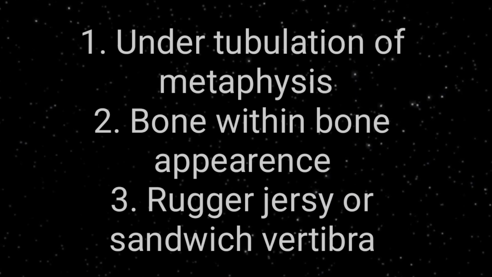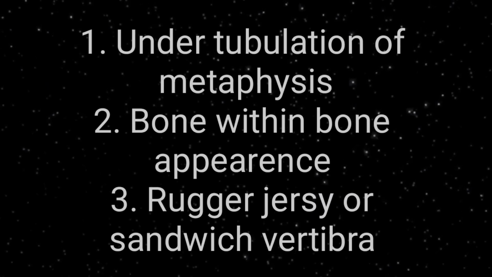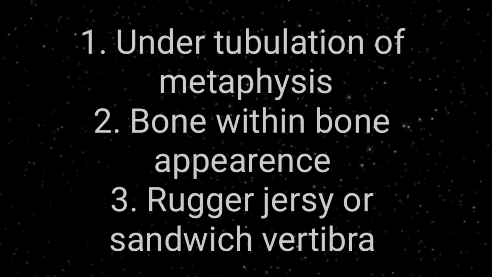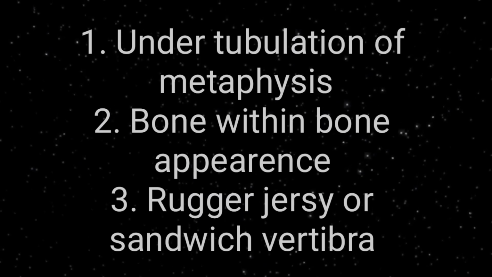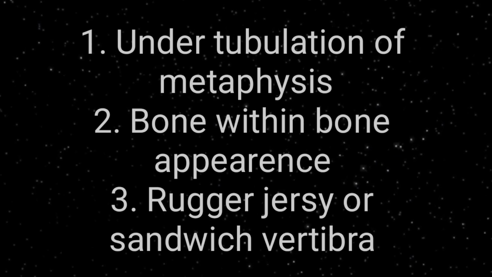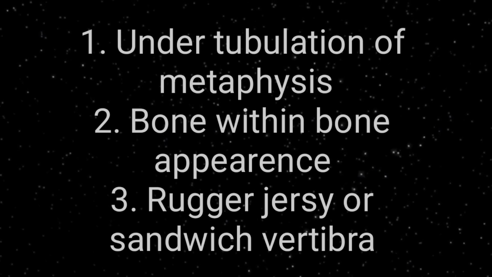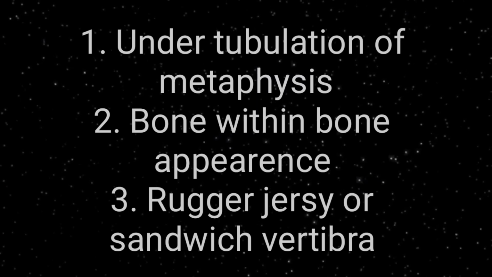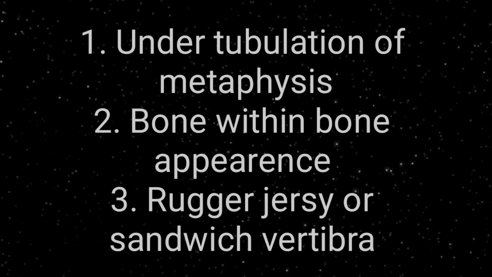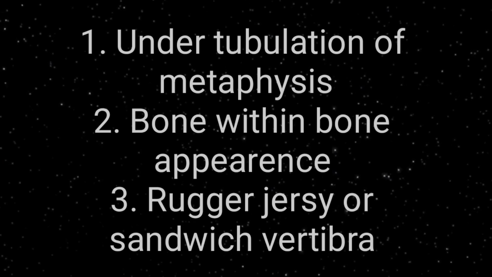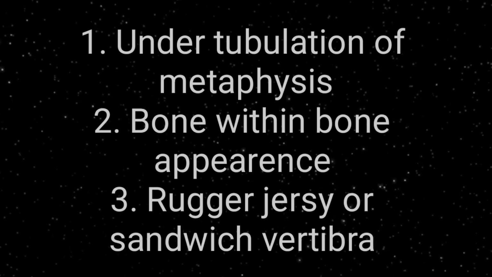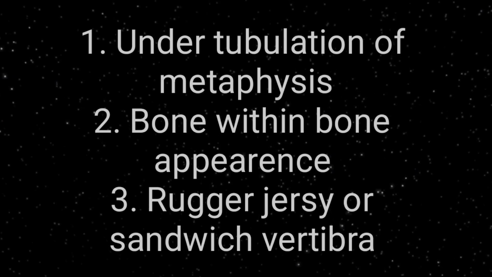So the bones will show undertubulation at the metaphyseal point, and the bone within a bone appearance would be a very classical appearance of osteopetrosis. Let's start looking for all these appearances on the radiograph.